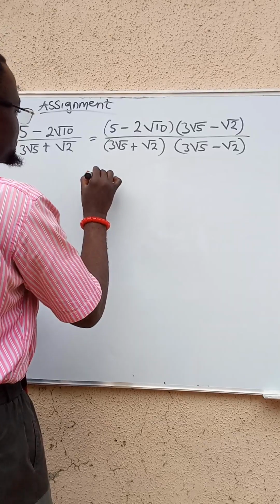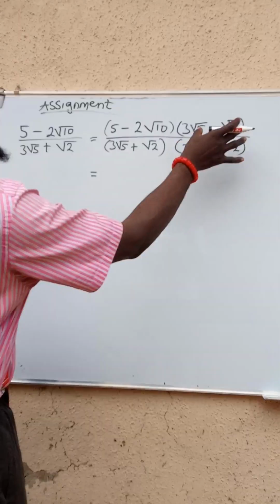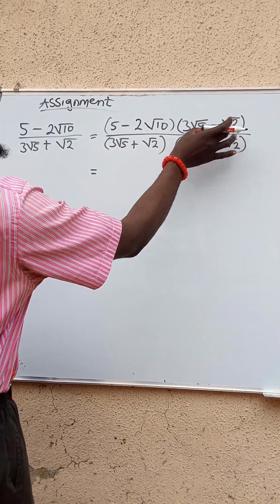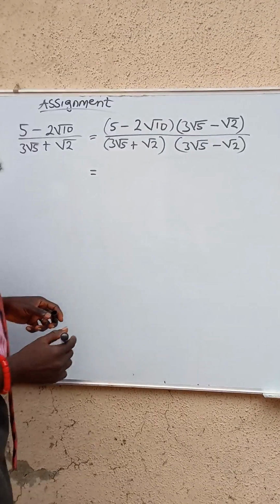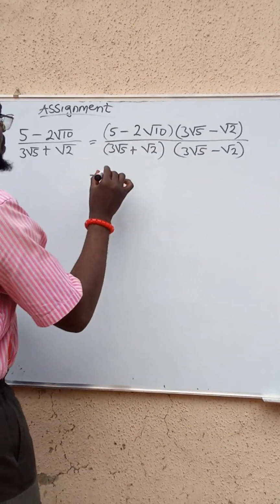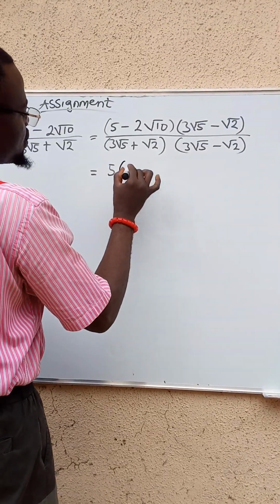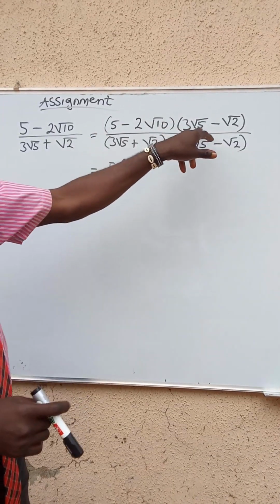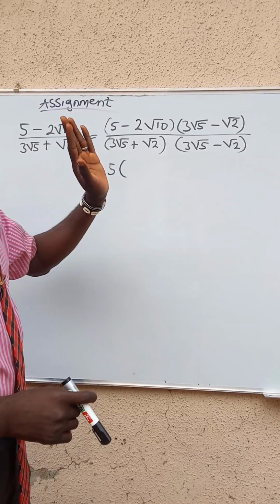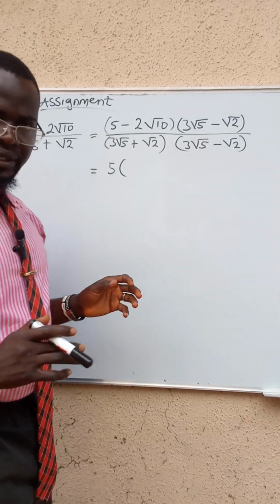Now, for you not to make mistakes, since you are multiplying two terms, this has two terms, this bracket also has two terms, likewise the bracket at the denominator. So you bring it like this: 5, open bracket, for you not to make mistakes, because these two terms are multiplying this, likewise this one. Are we making sense?